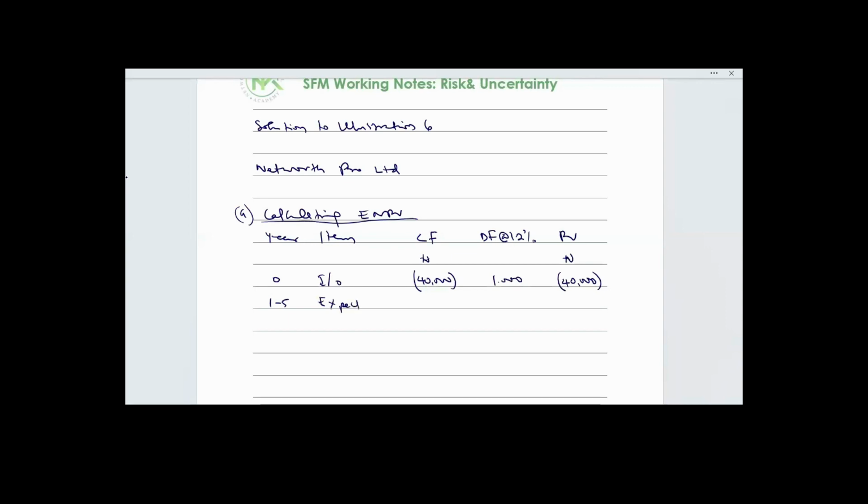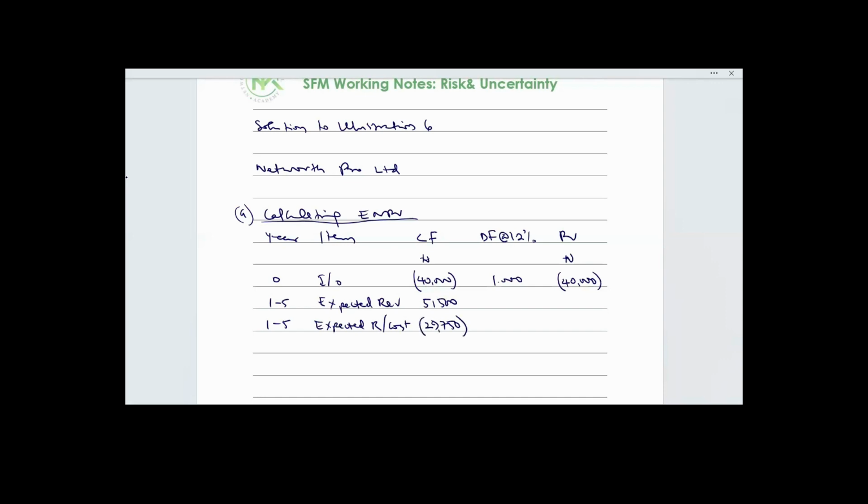Expected revenue: 51,500, year 1 to 5. Expected running cost: 29,750.